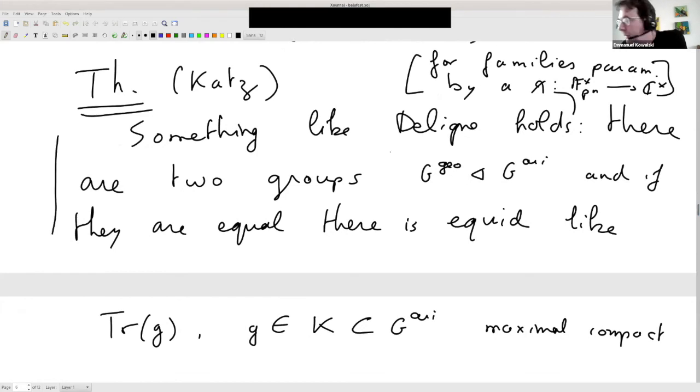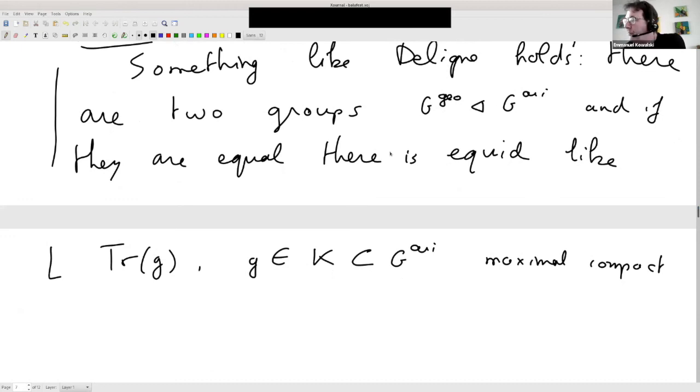So it's really essentially the same statement as Deligne's theorem with these same features, two groups. If they are equal, there's equidistribution, and the limits that arise are essentially of the same kind: the traces of random matrices in a compact subgroup of some GL_r. The r depends on the exponential sums, of course.